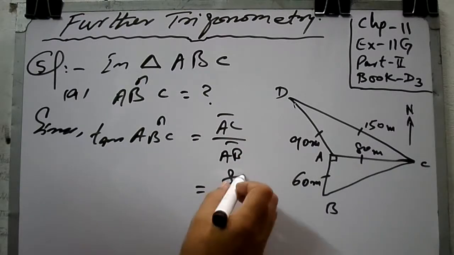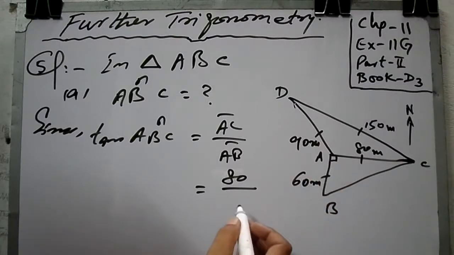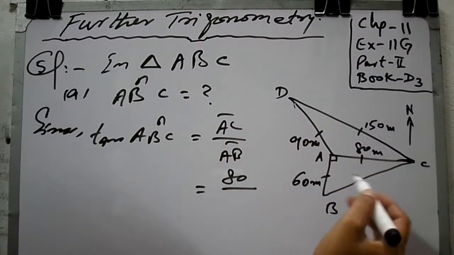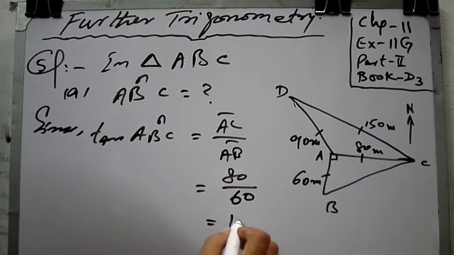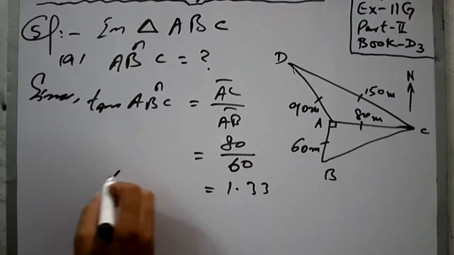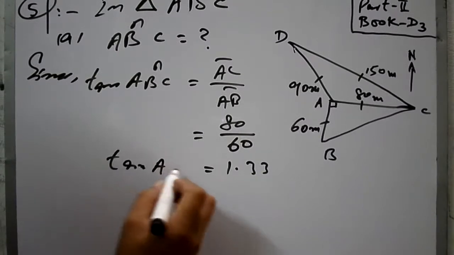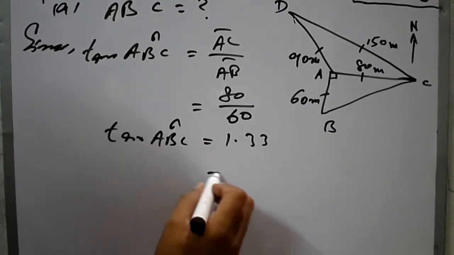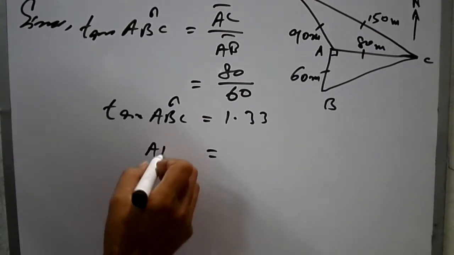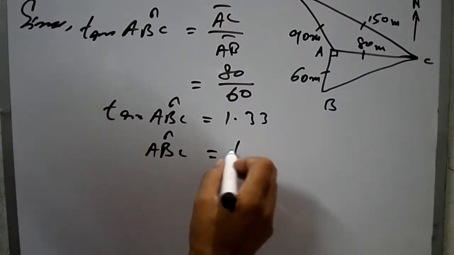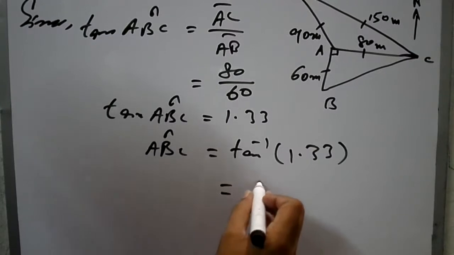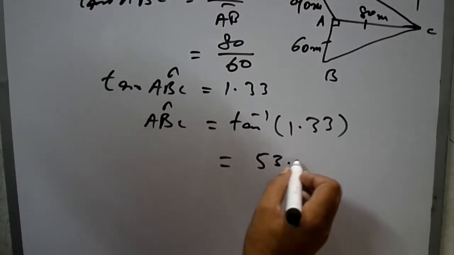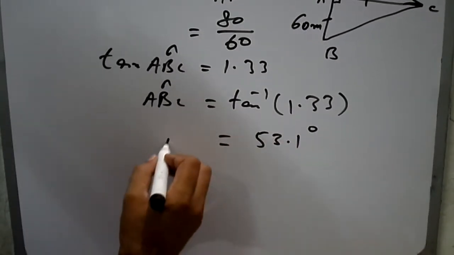So putting the values we have already, because we have taken triangle ABC, so we will get 1.33. So that is your tan ABC. So you need the value of ABC angle, so tan inverse 1.33, so the result is 53.1 degrees. So that is your result.